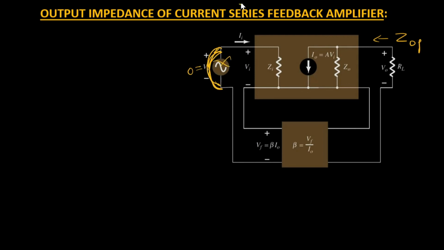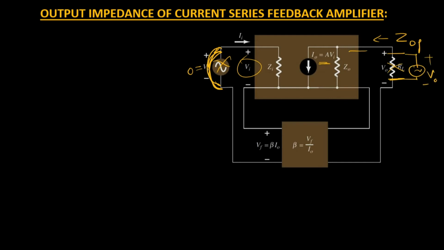The dependent sources will remain in the network as they are. This A Vi is the dependent source, actually depending on the Vi value. In addition, we'll put an open circuit across RL. Instead, we'll place one voltage source with potential V0 across this RL.